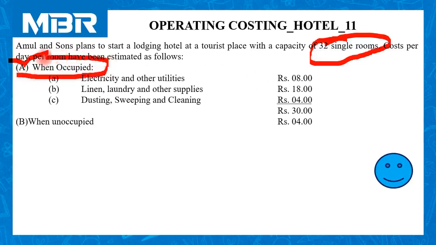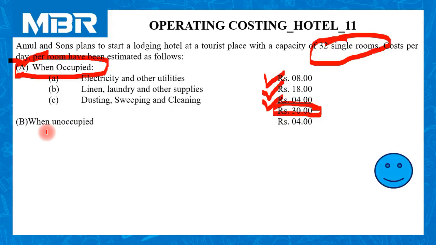A. When rooms are occupied: electricity and other utilities rupees 8, linen, laundry and other supplies rupees 18, dusting, sweeping and cleaning rupees 4, total rupees 30.